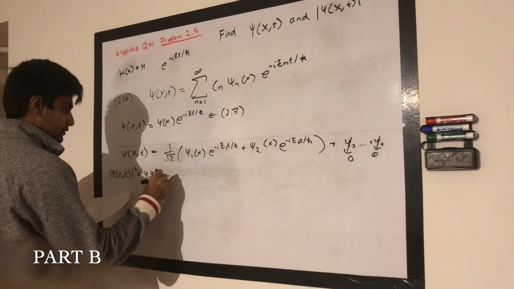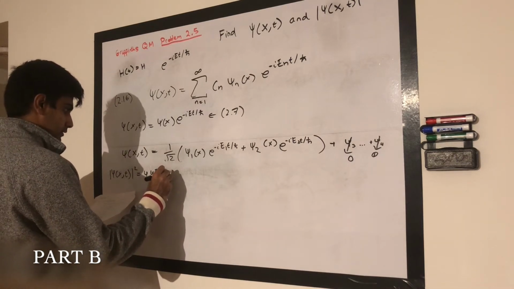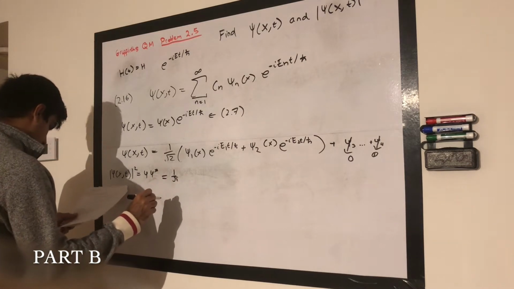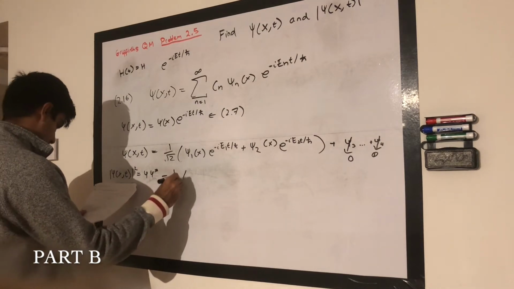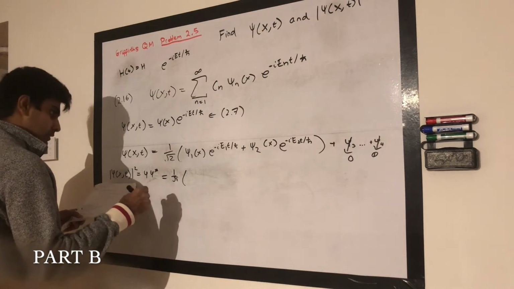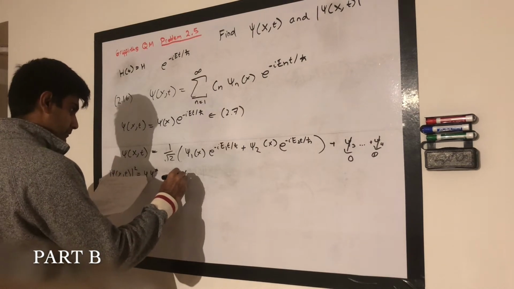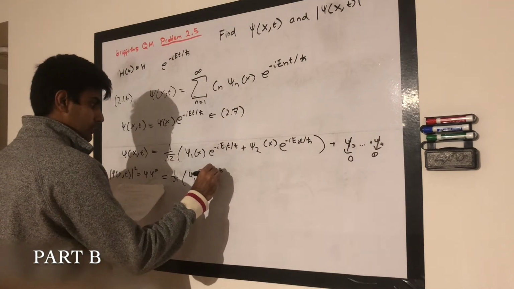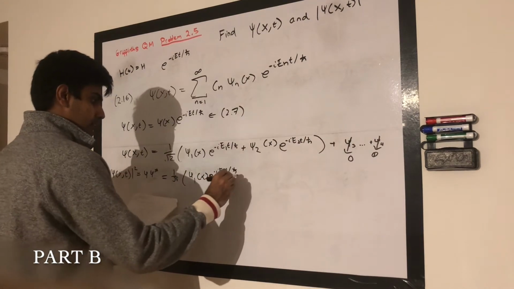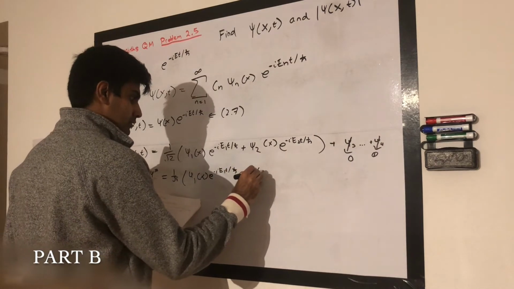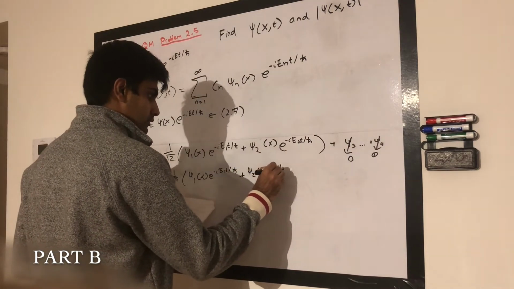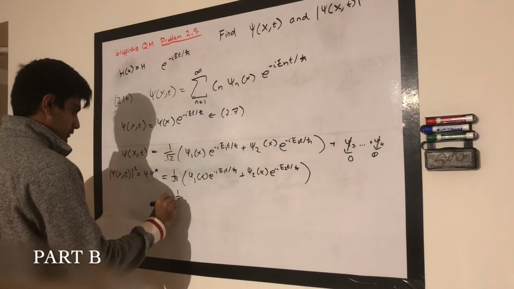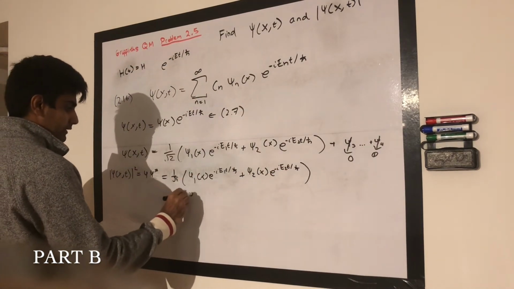So what that equals is 1 over root 2 times psi 1 of x e to the minus i E1 t, and so on. And we're going to multiply that by the conjugate.